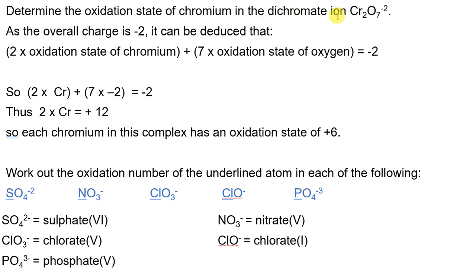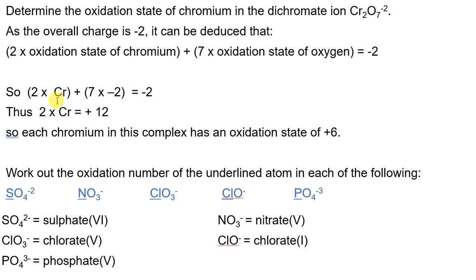In the dichromate ion, Cr2O7 2-, the overall charge is -2. It can be deduced that chromium, there are 2 chromium atoms there, twice the oxidation state of chromium plus 7 times the oxidation state of oxygen comes to the overall charge -2.